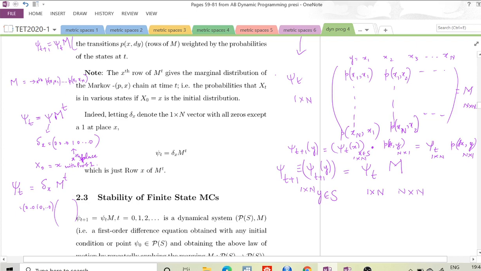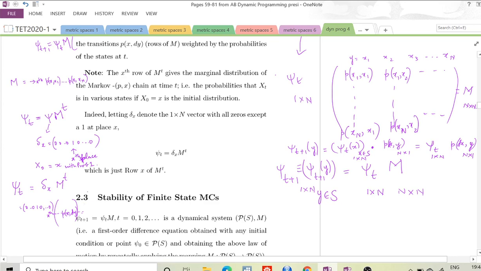So then you see that this matrix multiplication will give you exactly the xth row probabilities. This 0 will multiply the first row, this 0 will multiply the second row, etc., etc. This 1 will multiply the xth row. So these probabilities are the p(x, dy) probabilities.